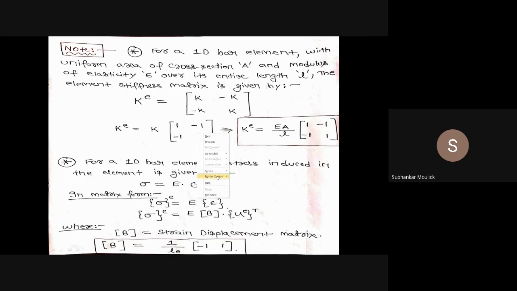LE is nothing but the length of the element. If I multiply this 1 upon LE term inside the matrix, the resulting strain displacement matrix becomes the 1 cross 2 matrix minus 1 by LE and 1 by LE.